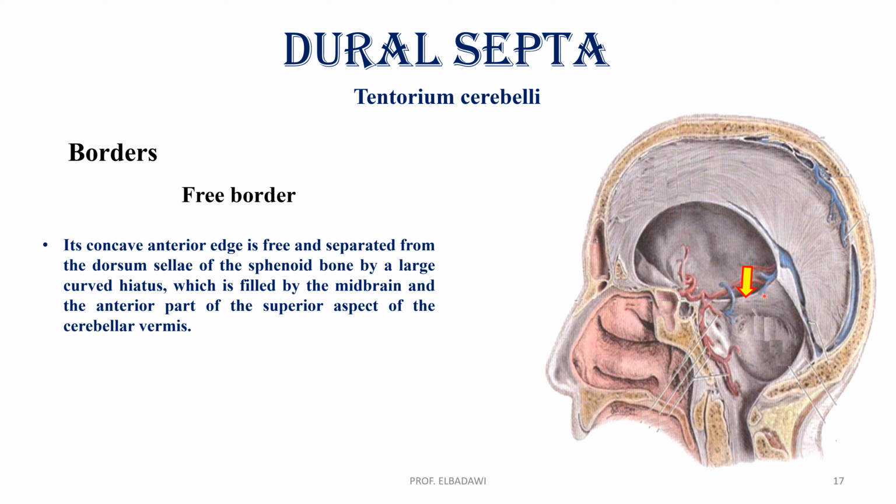We'll look at that notch in another view. The anterior end of that free border will extend to the anterior clinoid process to be attached there after crossing the attached border.